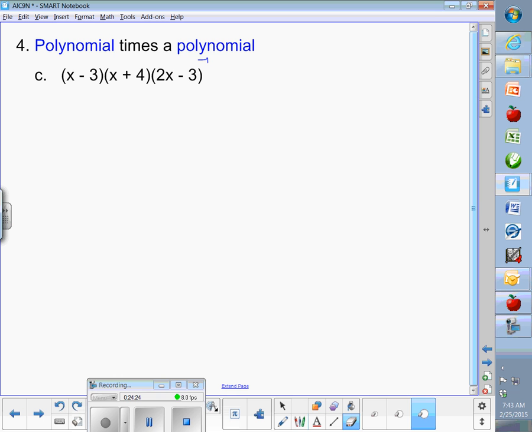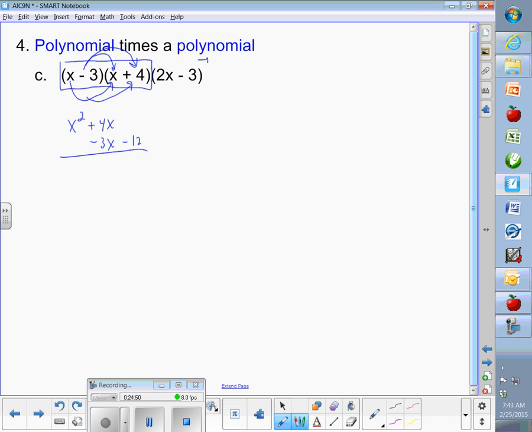Okay, so what am I going to do? I'm going to take these first 2, and I'm going to multiply them. Okay? X times x, x squared. X times positive 4, positive 4x. Negative 3 times x, negative 3x. I'm lining them up, right? Negative 3 times a positive 4, negative 12.